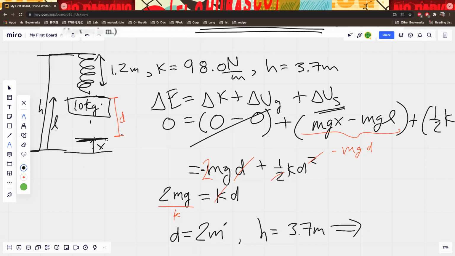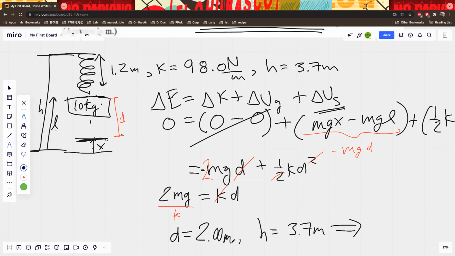Yeah, okay, so this is 2.00 meters. Max distance from the ceiling is 1.2 plus 2 equals 3.2. Wait, how do we figure out d? Oh yeah, we just do 2 times mass times g over k. Yeah, and then if we know D and H, we could find X pretty easily.